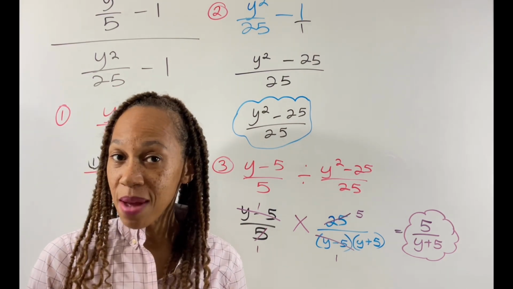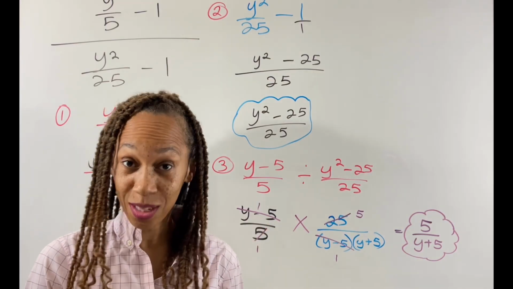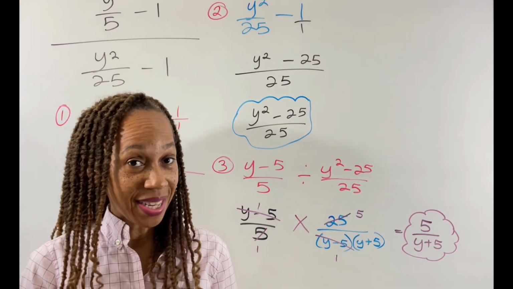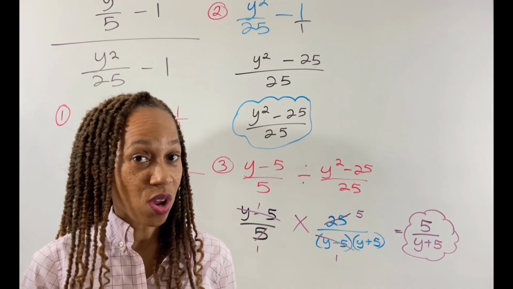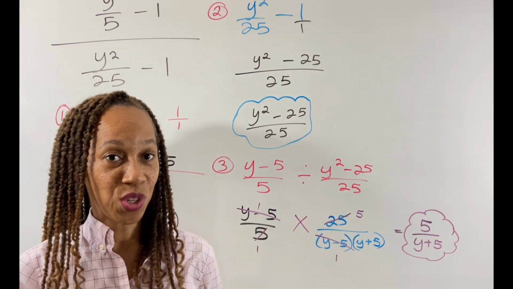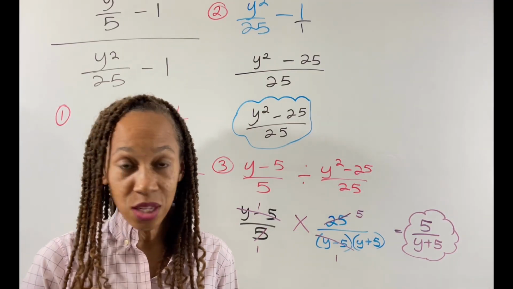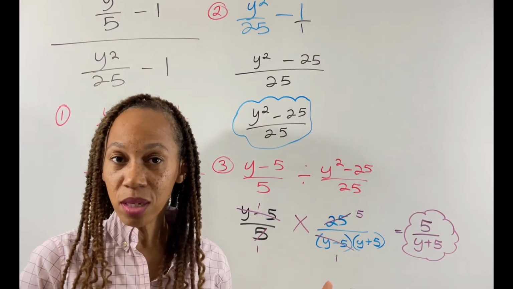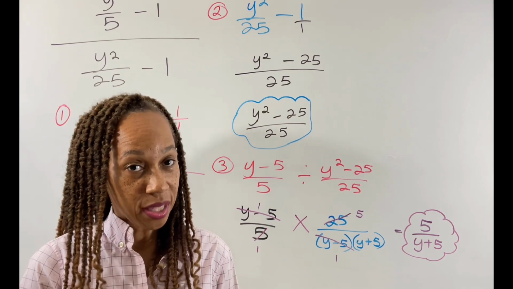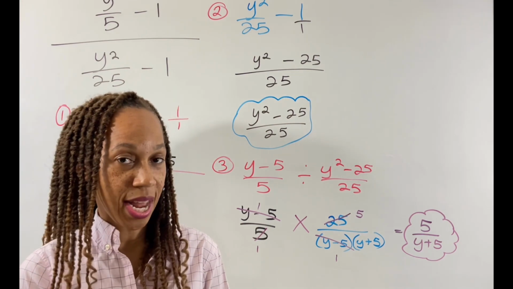So with these problems, always think ahead and say, oh, if it is complex, that means, guess what? A lot of things are going on in this problem. And because it is a complex rational expression, you have the addition going on of the rational expressions, which you need to know how to do, and you can go back and watch my video on that. Also the subtraction of rational expressions, the multiplication of rational expressions, and the division of rational expressions.